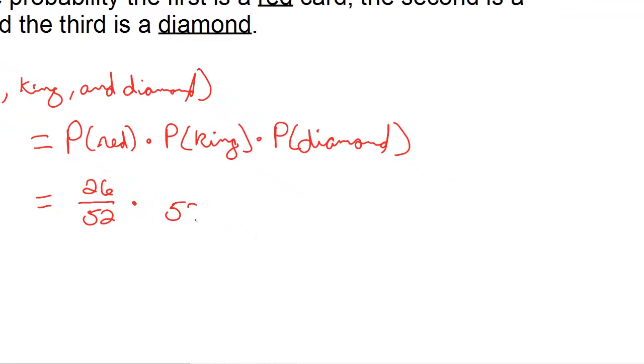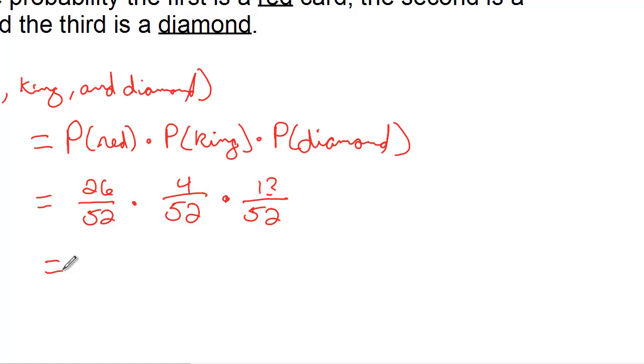Therefore, I still have 52 cards to draw from, and I can still draw all 4 kings. Now, I've put the king back, I've put the red card back also, so I still have 52 cards to draw from on my third draw. And how many diamonds are there? Well, there's 13 diamonds.